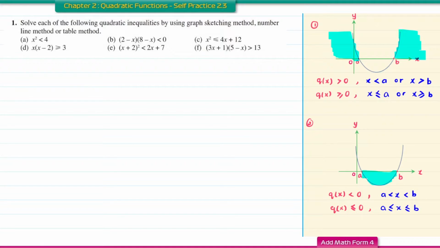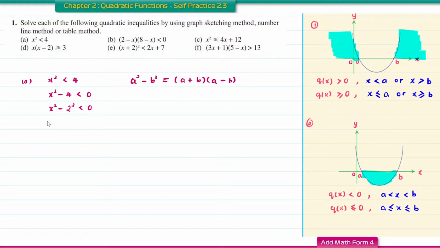So now let us look at question A. x squared less than 4. Next, x squared minus 4 less than 0. Number 4 is a perfect square, so I can write it as 2 squared. Now I'm going to factorize this. We have learned this before: when you have a squared minus b squared, when you factorize it, it will be (a plus b) and (a minus b).